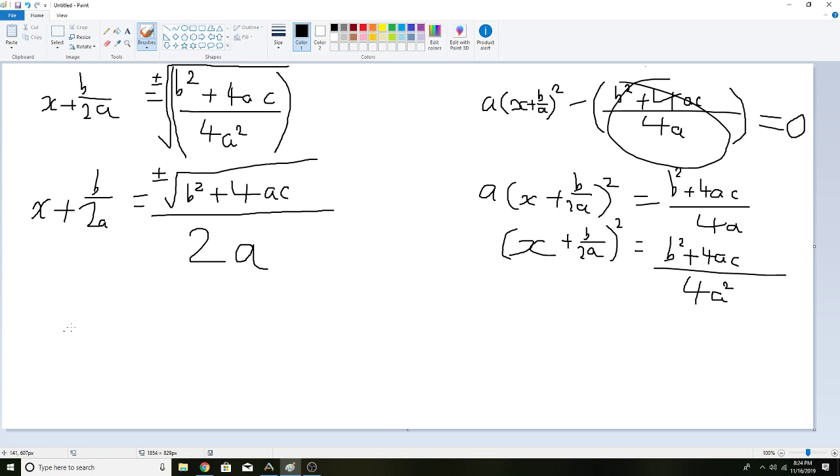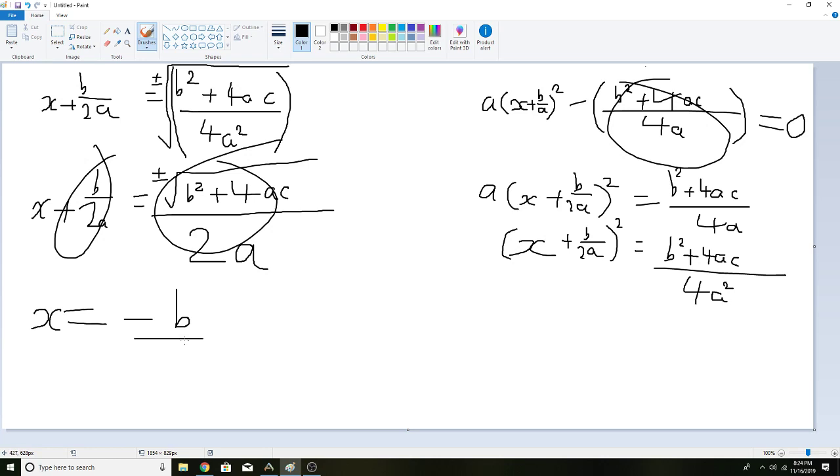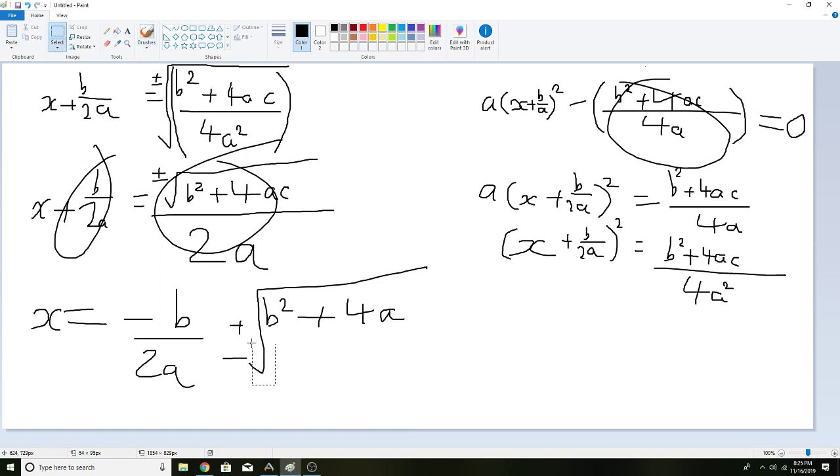And then the nearly final step is, we'll put this to this side here. We'll get that to that side. So it's x equals minus b over 2a plus or minus square root of b squared plus 4ac over, oh wait, I nearly made an error there.